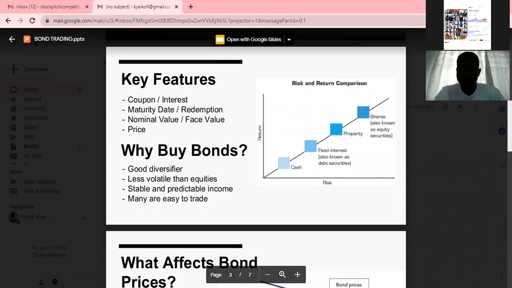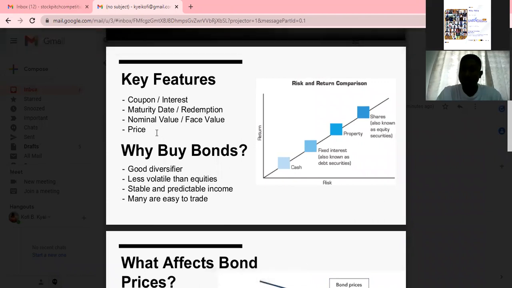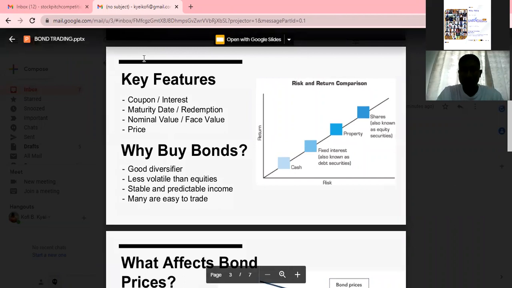Okay, so the cash is what you put in your bank account basically. So you can see that at the bottom of it, you'll be receiving less return if you keep your money in a savings account as cash. Okay, and then we will move further to fixed income securities.